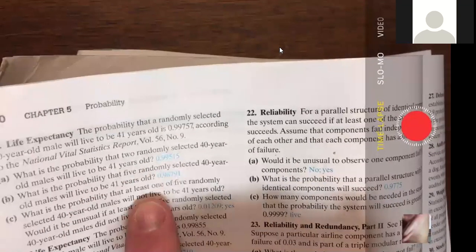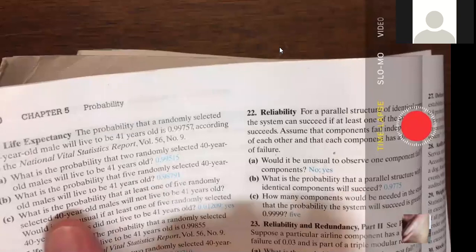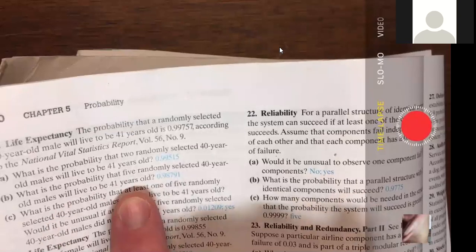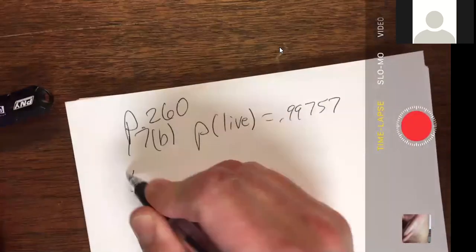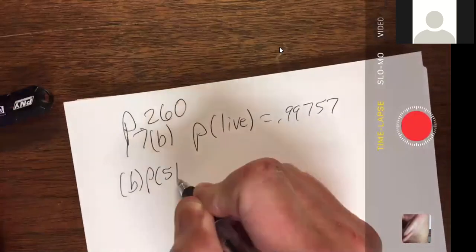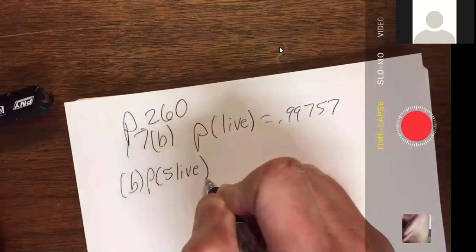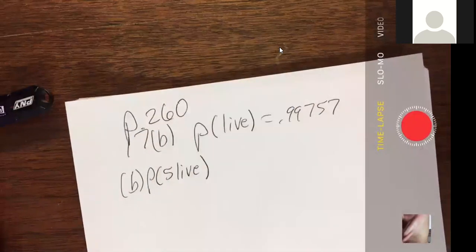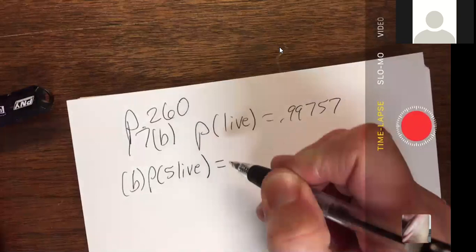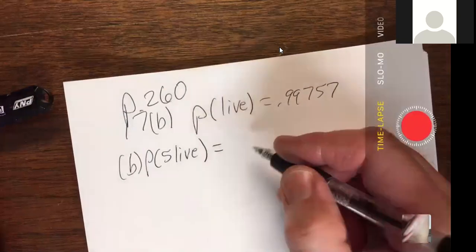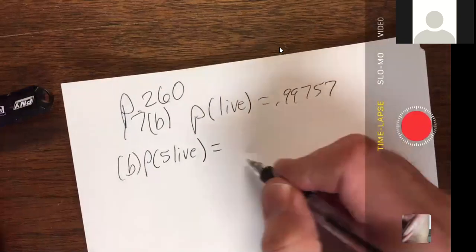So what is the probability 5 randomly selected 40-year-olds will live to be 41? So in B, probability that 5 live. You'd have 5 slots.